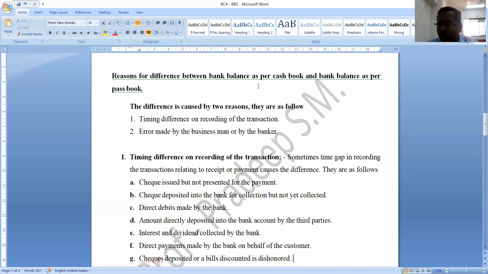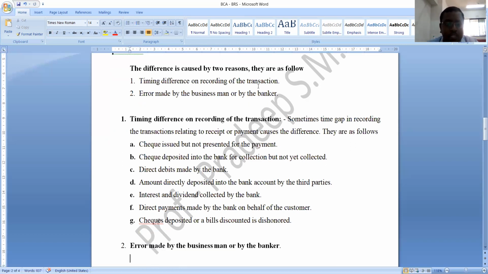Businessman will record it at one time and banker will record it at another time. It causes the difference between cash book balance and passbook balance. And another important reason is errors made by businessman and banker. Sometimes the businessman will commit a mistake or the banker will commit a mistake at the time of recording the transaction. It causes the difference between cash book balance and passbook balance. So these are two main reasons that cause the difference.